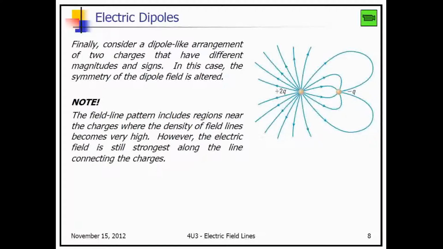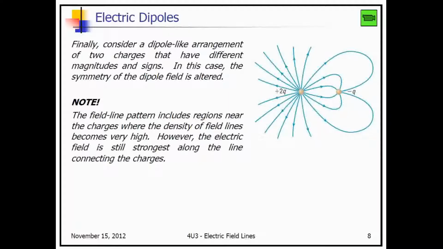So the magnitude of the electric field at a point r distance away from 2Q will be twice as large as the magnitude at the same distance r away from negative Q.